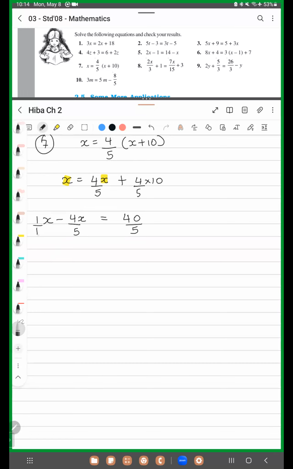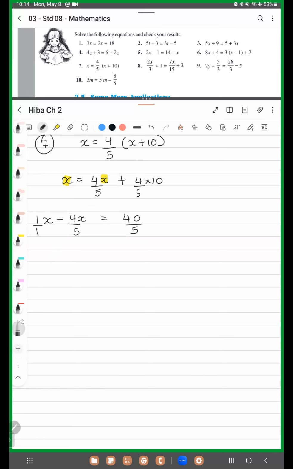So what is 5 by 5 minus 4 by 5? It is 1 by 5. So 1 by 5 x is equal to 40 by 5. Okay, then?